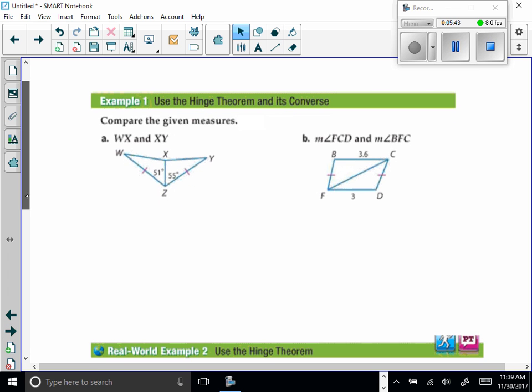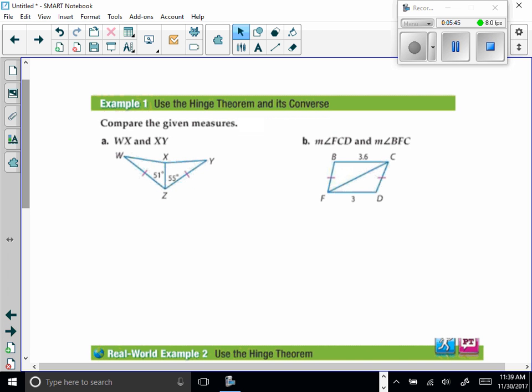Then we're going to try a couple of problems here. It says compare the given measurements. So we're going to look at the picture and you can see that they give us angle measurements, but we want to compare the sides. So we want to compare XW and XY based on the angle measure. Angle WZX, which is 51 degrees, is opposite side WX, and angle YZX, which is 55 degrees, is opposite XY.